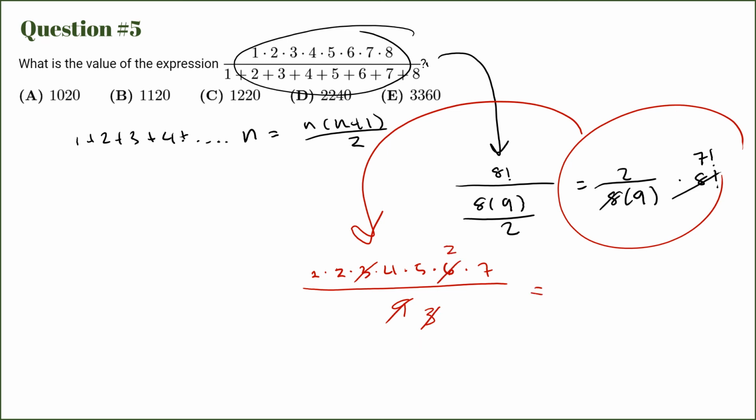Now all that's left to do is to compute 2 times 2 times 4 times 5 times 2 times 7. So let's do that. This would equal 10. This would equal 16. 16 times 7 is 112, so that's 1,120. So the answer is B.